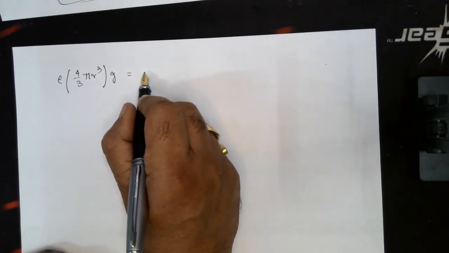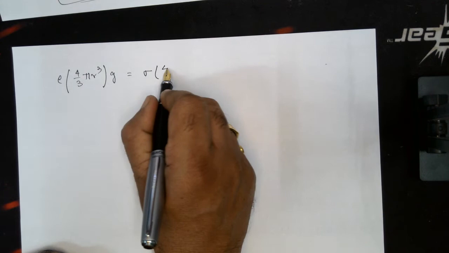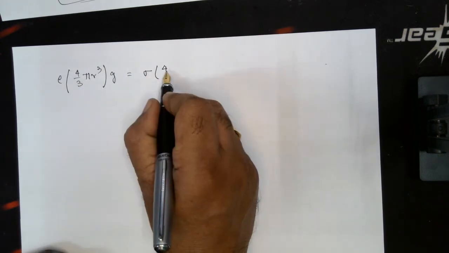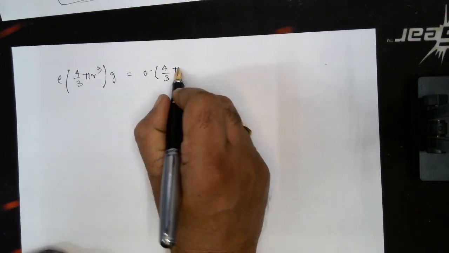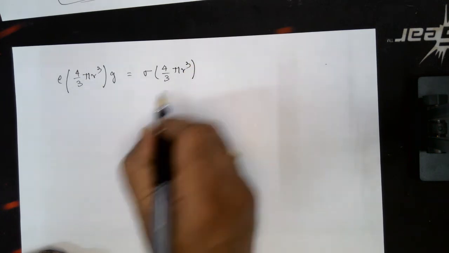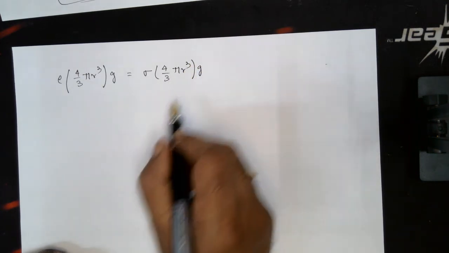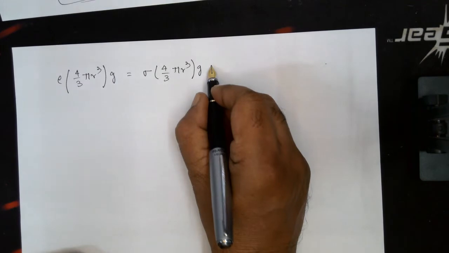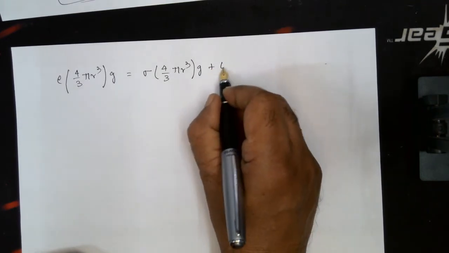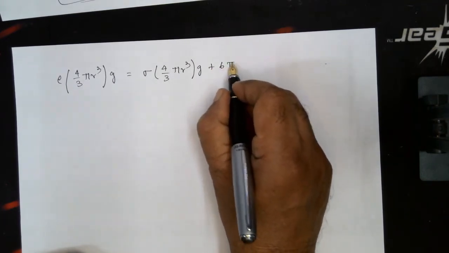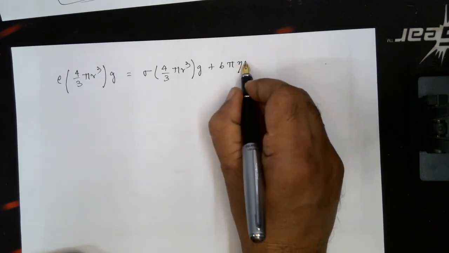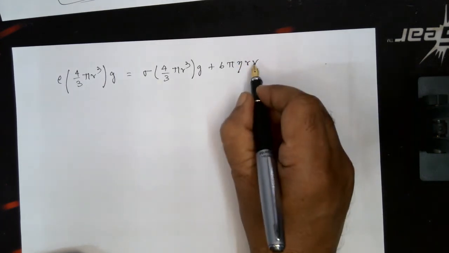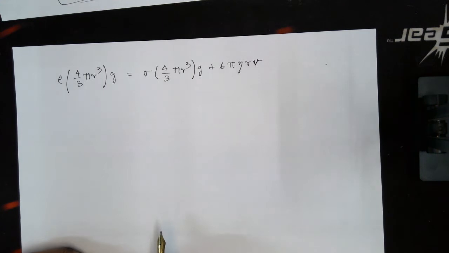So sigma into 4 by 3 pi r cube into g, correct, plus the viscous force 6 pi eta r v, where v is the terminal velocity.